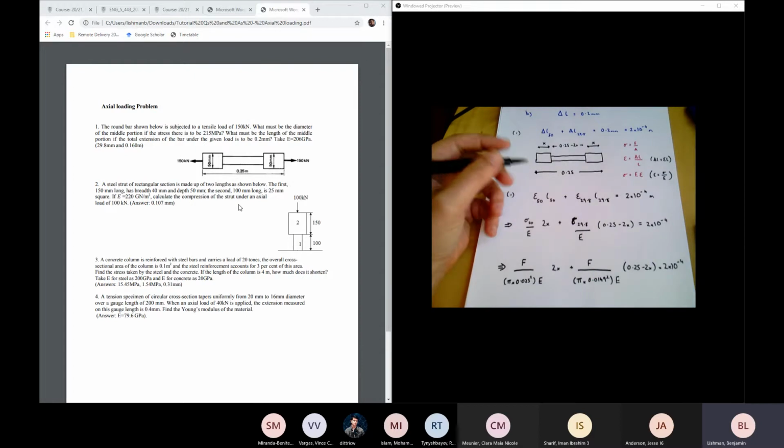The second thing that I'm going to do at this stage, I talked last week about how sooner or later it's easier to put everything into numbers. I think we've reached that point. So I know F is 150,000 and E is 215 times 10 to the minus 6. So I can put all of this into my calculator now and start getting some numbers out.